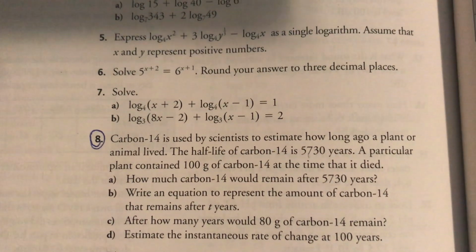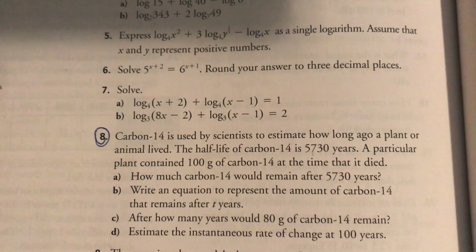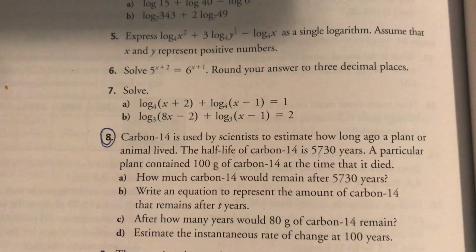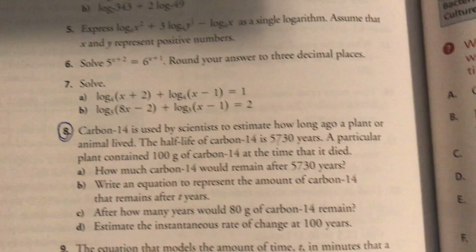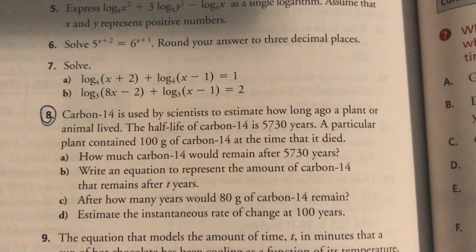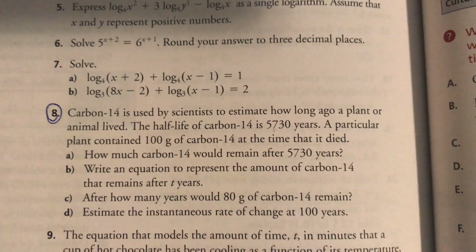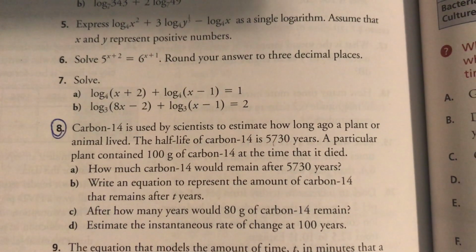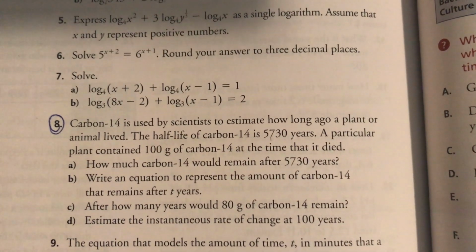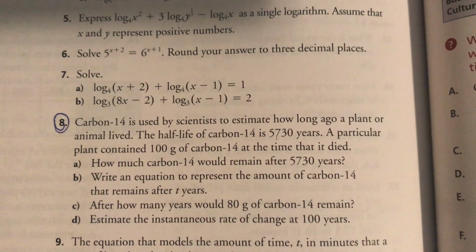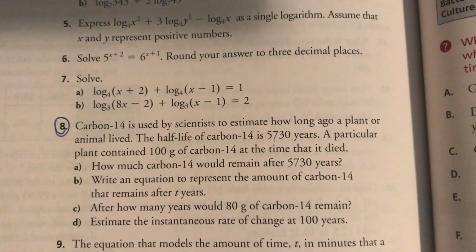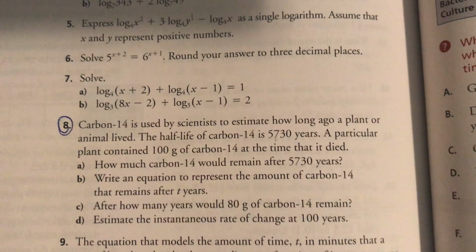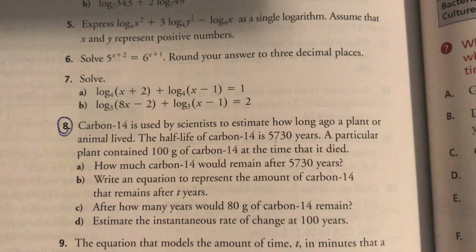The purpose of this video is to explain how to solve my assigned problem using the concepts I have learned in class. The question I will be answering is on page 512 on the Chapter 8 test, and it reads: Carbon-14 is used by scientists to estimate how long ago a plant or animal lived. The half-life of carbon-14 is 5,730 years. A particular plant contained 100 grams of carbon-14 at the time that it died.